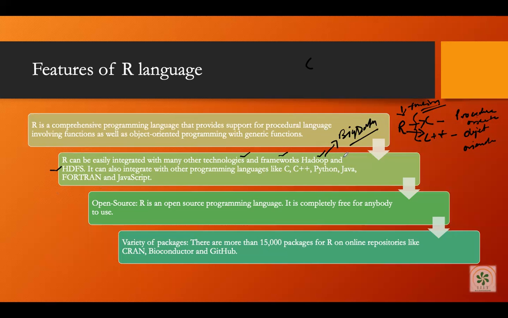So for big data analysis, the parallel programming and all is done in Hadoop, Spark, and all those databases. But R is completely integrated. We can integrate Hadoop and HDFS through R. So that's why for big data analysis, R is one of the best choices right now we have.